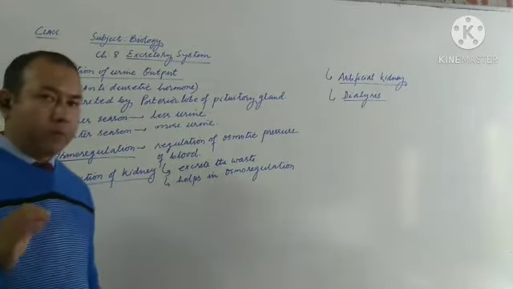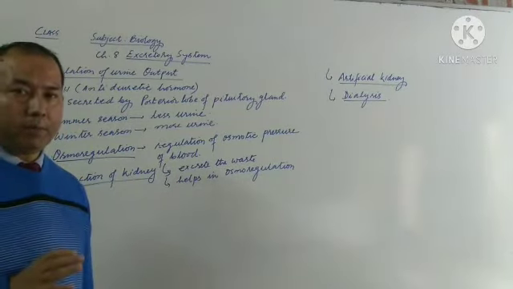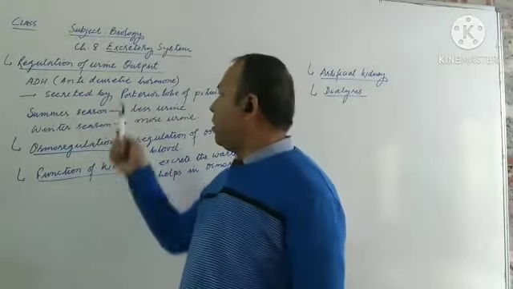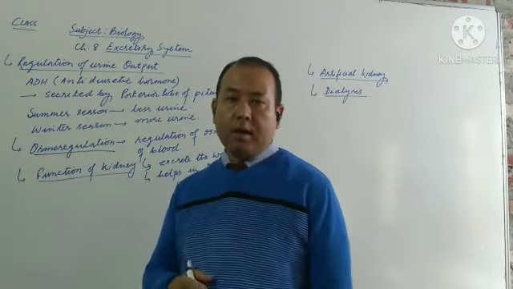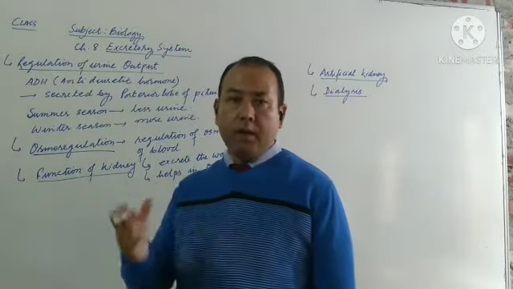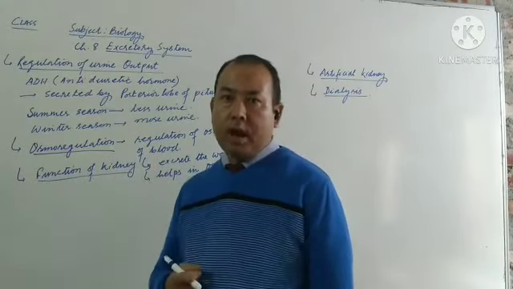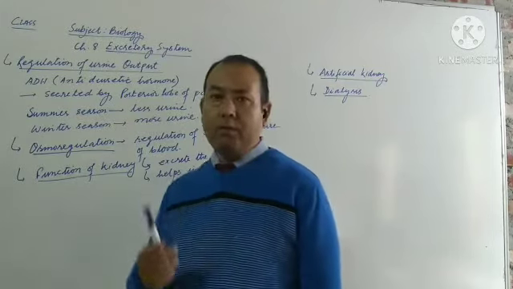Now, you need to first understand the ADH hormone, that is antidiuretic hormone, which is mainly secreted by the posterior lobe of the pituitary gland. About the endocrine glands, we will be learning in the last chapter, the endocrine system, control and coordination in human beings.